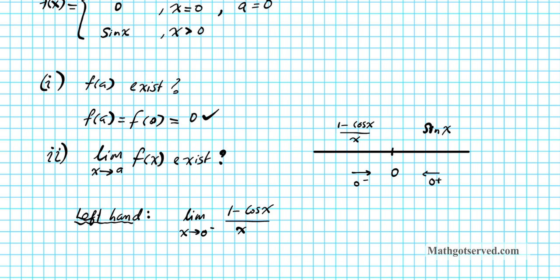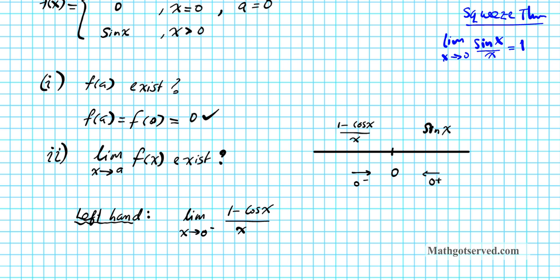Okay? So it's just one of the special limits you want to remember, that the limit of (1 minus cosine x) over x is equal to 0. And that's a consequence of the squeeze theorem. Okay? So from the squeeze theorem, we know that the limit as x approaches 0 of sine x over x is 1.